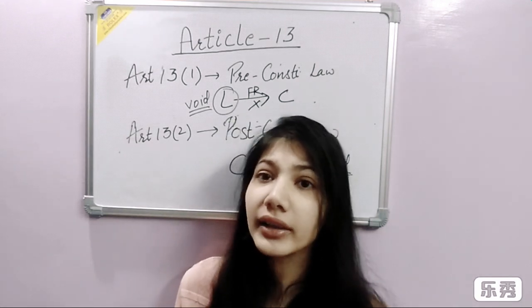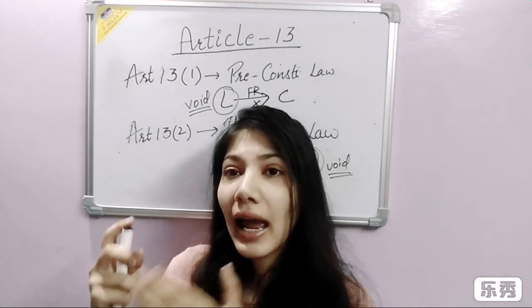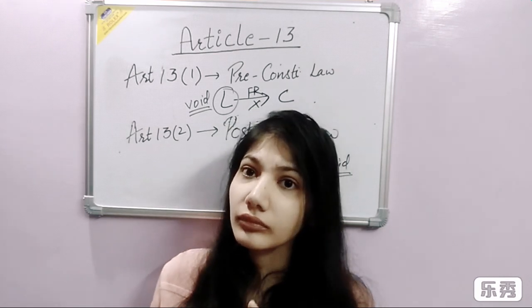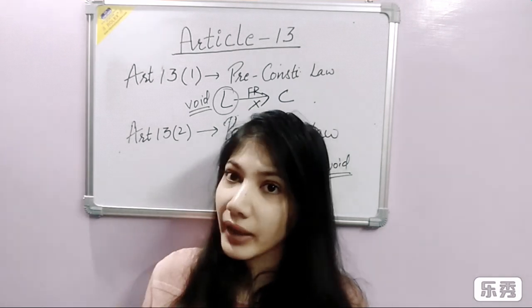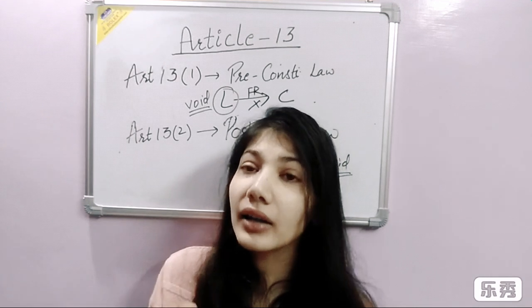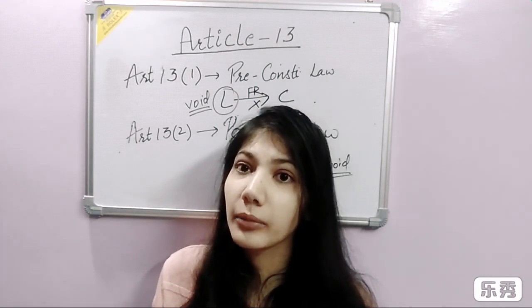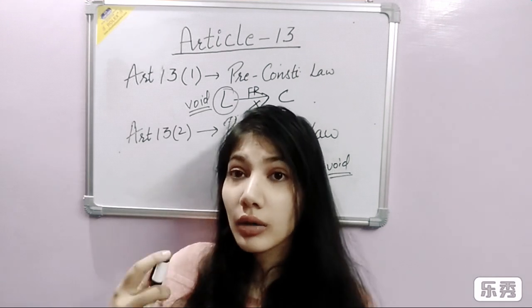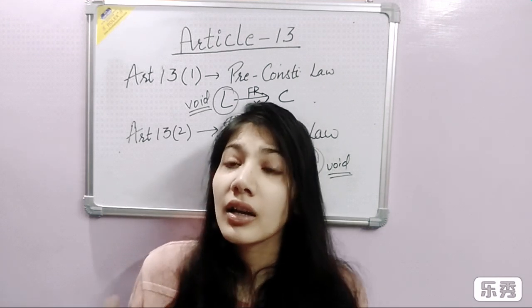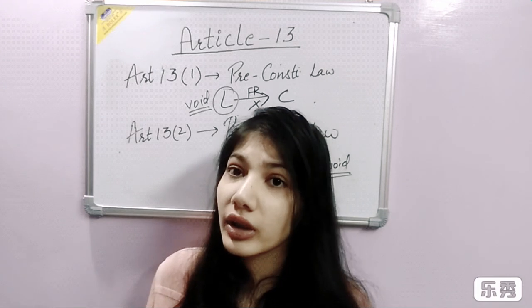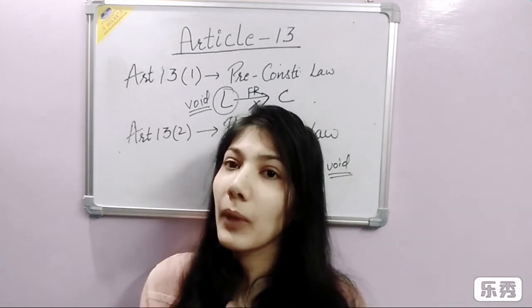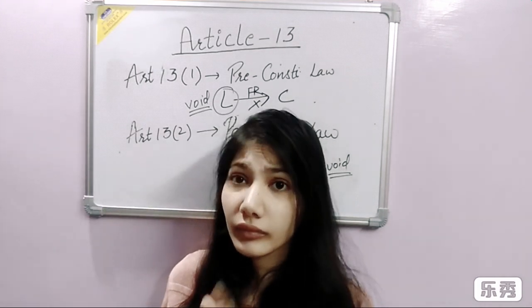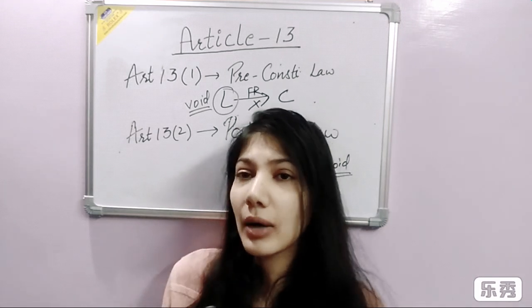Now the third point: if the valid part and the invalid part are separated, but the valid part cannot become enforceable until there is some amendment in the constitution or modification by the legislature or the judiciary, the whole part will become void until such an amendment is done.